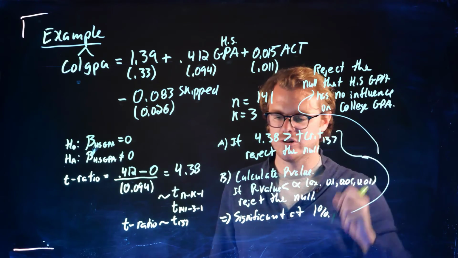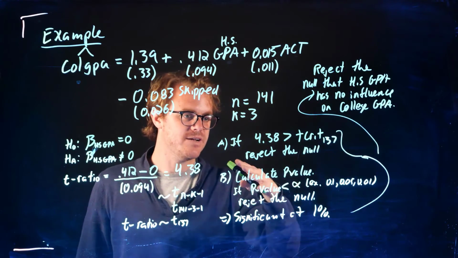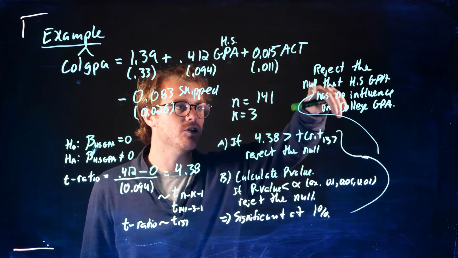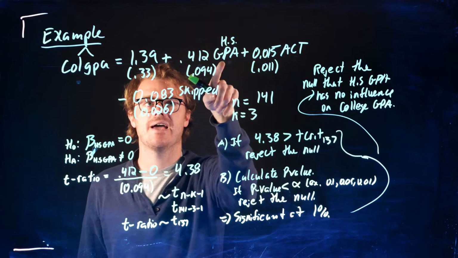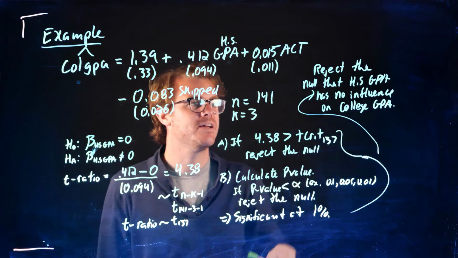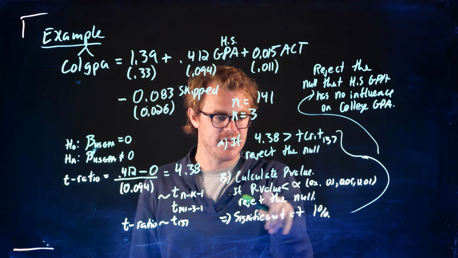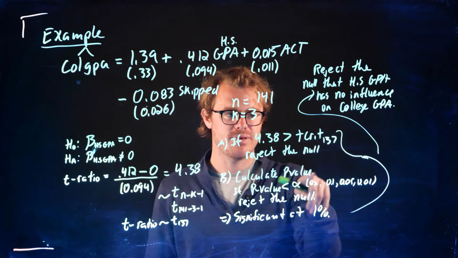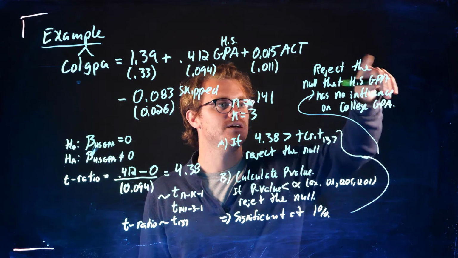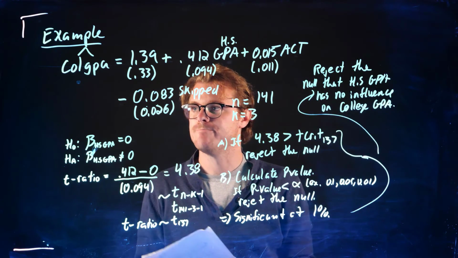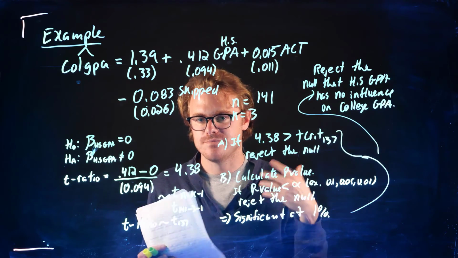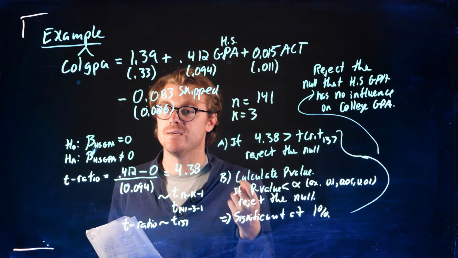We should probably write a concluding sentence stating what our actual conclusion of the test is. So here our null was that high school GPA has no effect on college GPA, and it's significant at 1%, so the p-value is less than 0.01, so we're going to reject the null that high school GPA has no influence on college GPA. So here's just a quick example of doing a simple t-test.